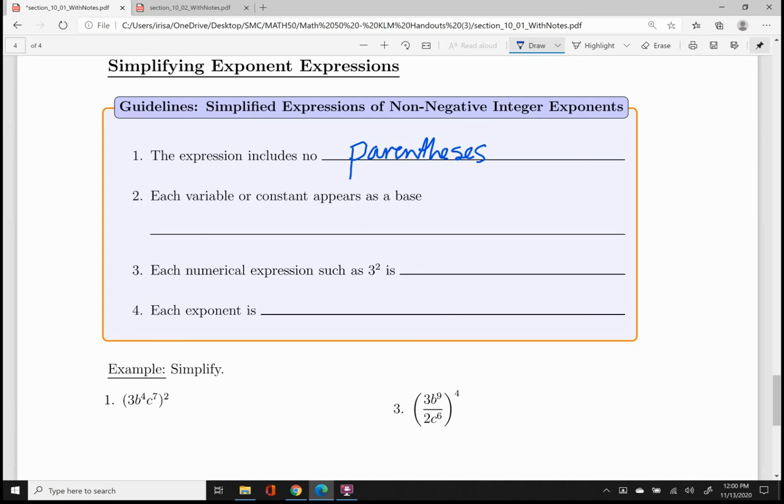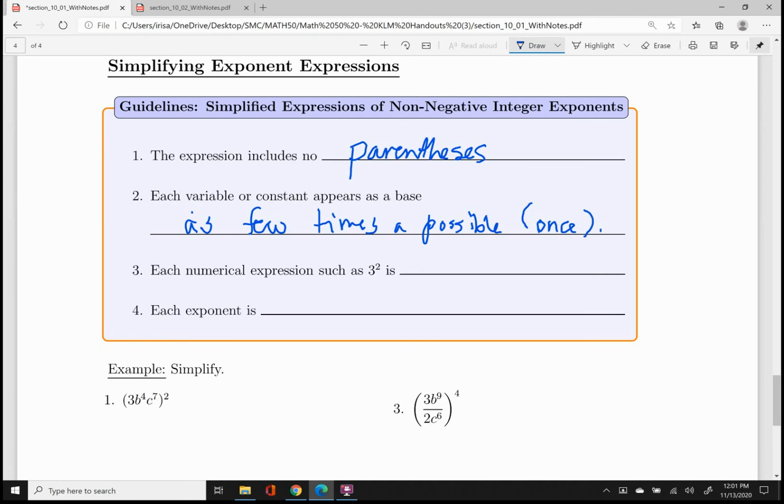All right, great. Number 2, each variable or constant appears as a base as few times as possible. So essentially once. So I'll put parenthetically once is the conventional thinking on that one.